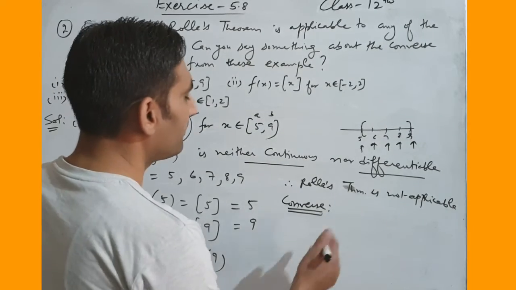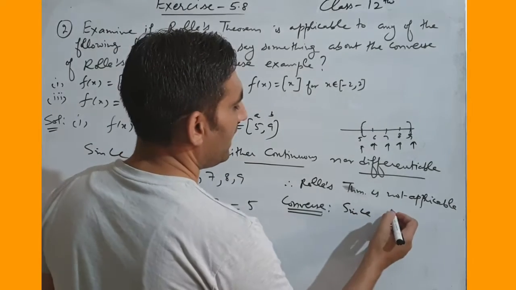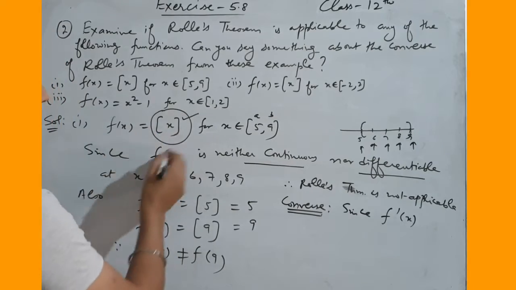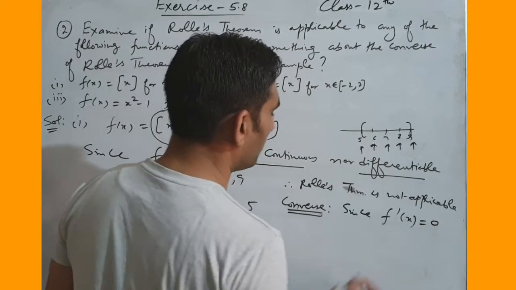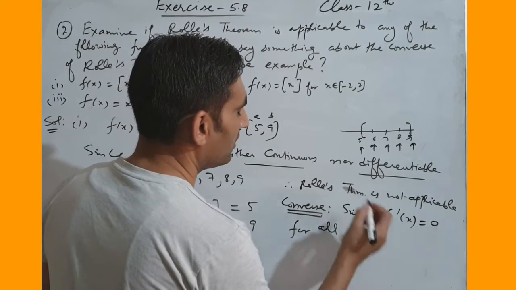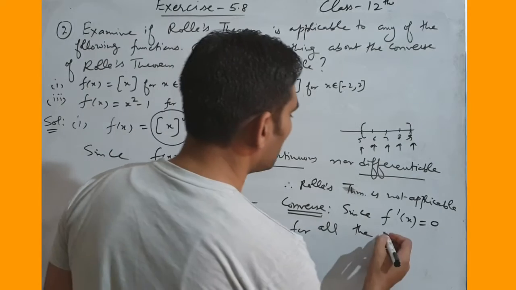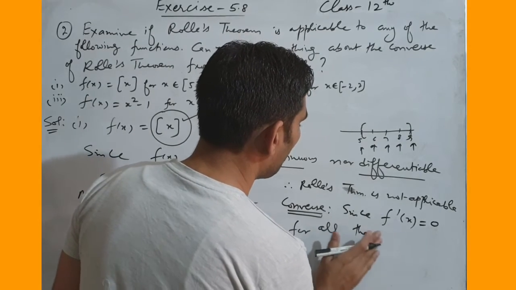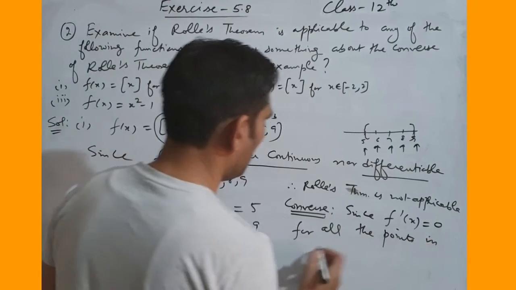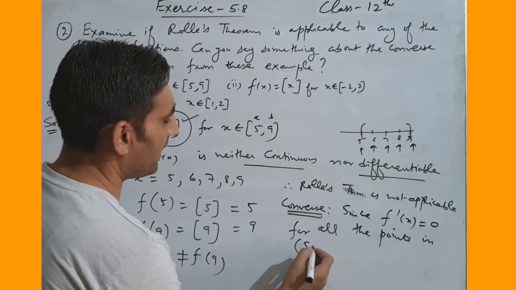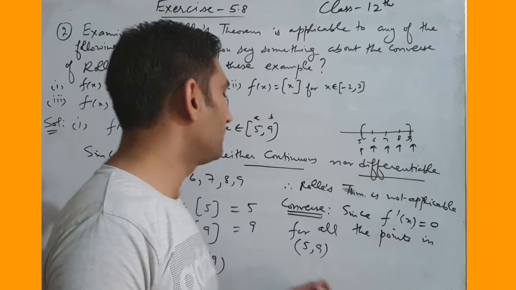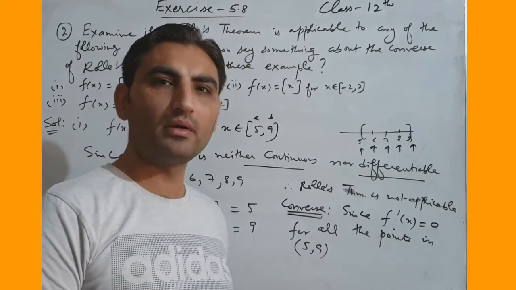So we can say, since f dash x, its derivative is equal to 0 for all the points in the open interval 5, 9. At every point, because its derivative is 0, it will remain the same.